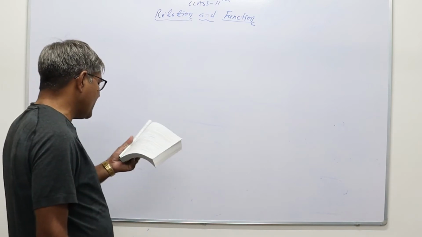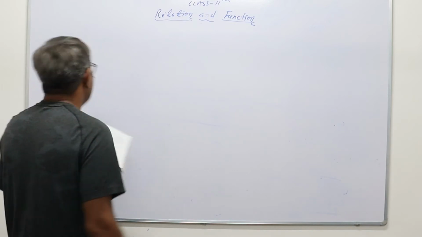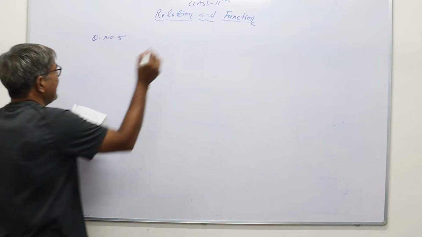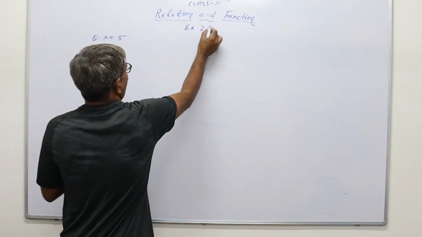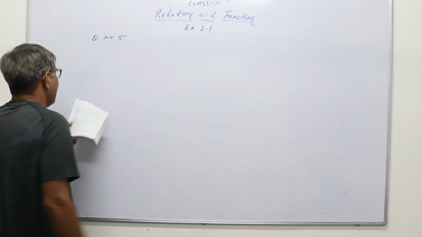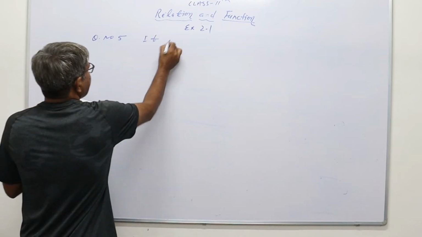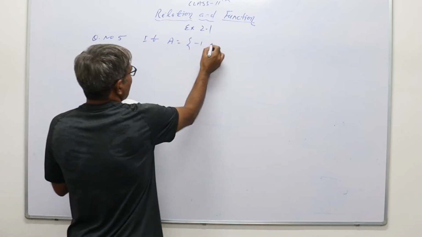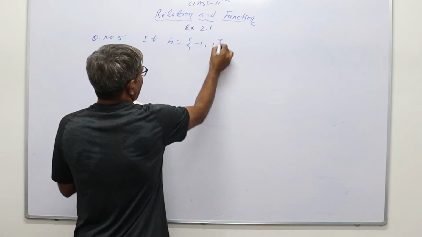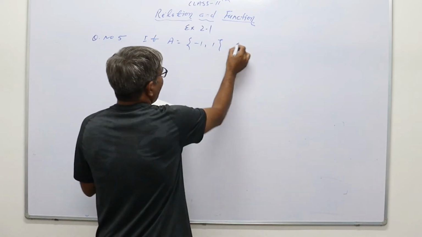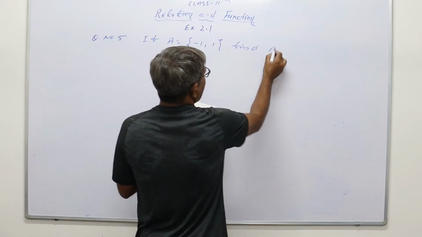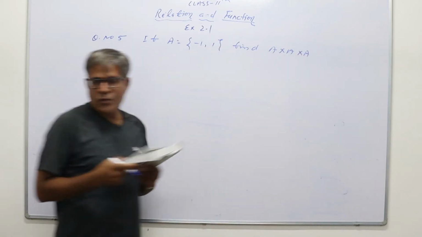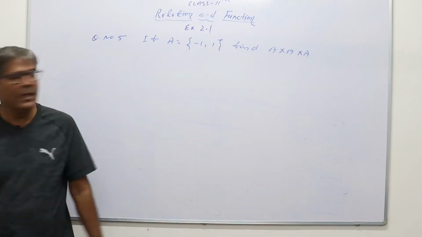So the next question is question number 5, Exercise 2.1. If the given set A is equal to {-1, 1}, then find A cross A cross A. So what we have to find?